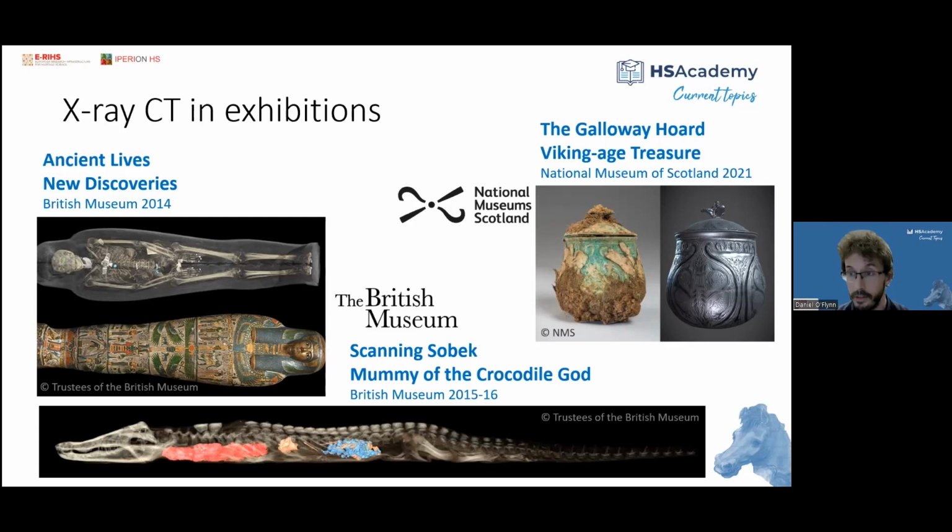There's a photograph of the vessel on the left, and on the right-hand side is the result of the CT scan. The CT scan revealed decorations on the surface of this vessel, which changed the narrative about its origin. Now it's thought to have originated in Central Asia and somehow made its way all the way to Scotland before it was buried. Again, a 3D print of this scan was used in the exhibition at the National Museum of Scotland a couple of years ago.